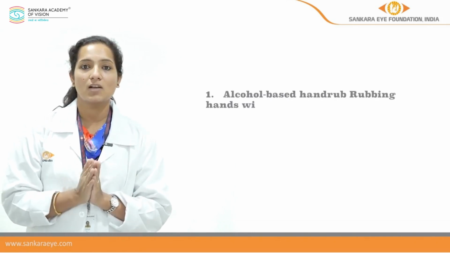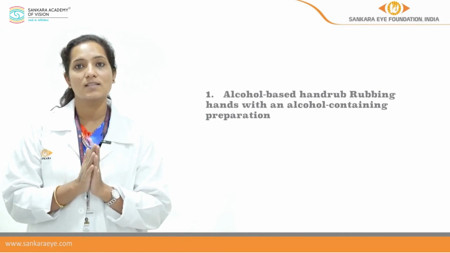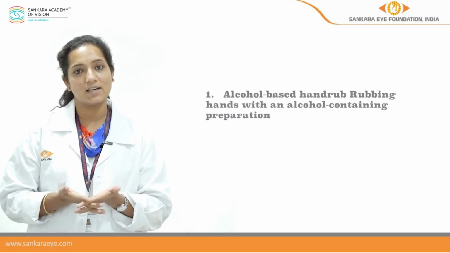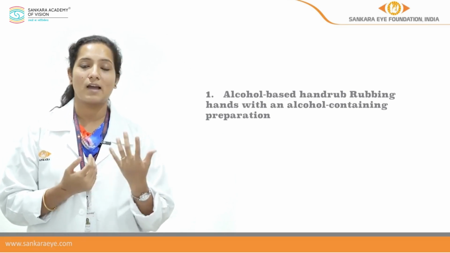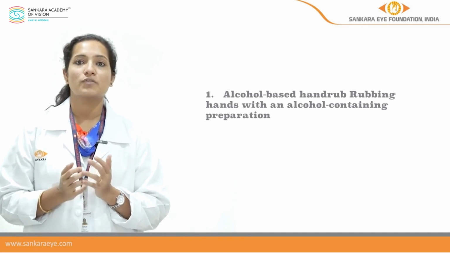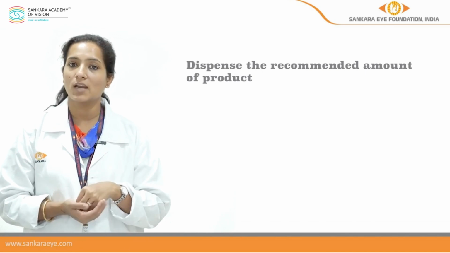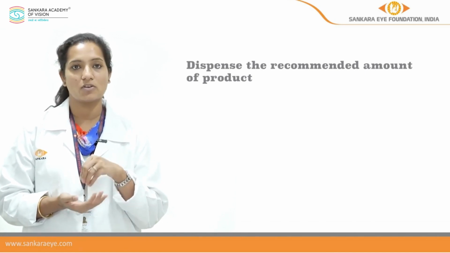First is alcohol based hand rub. So this is rubbing your hands clean with an alcohol containing preparation like your sanitizers which we use during COVID or your hospital based hand rub solutions. So first we take recommended amount of products, that is 5 to 10 ml of antiseptic hand rub alcohol based solution on your hands.